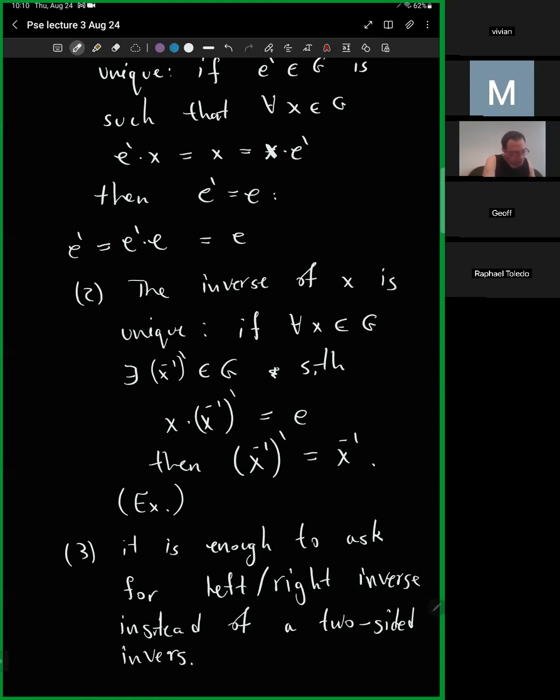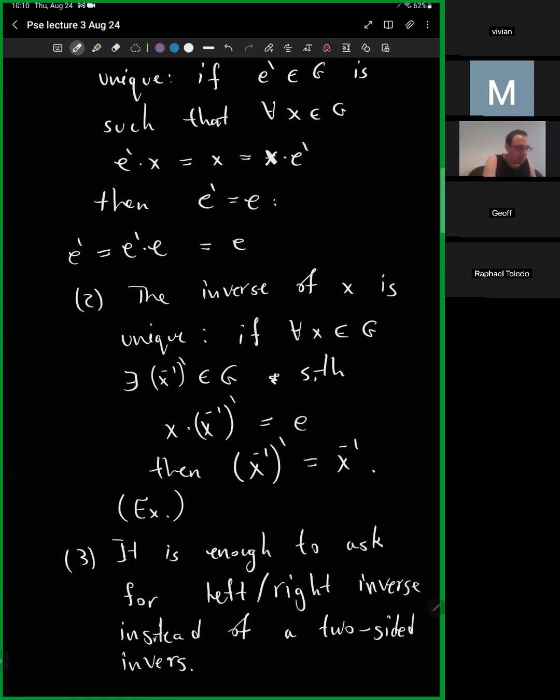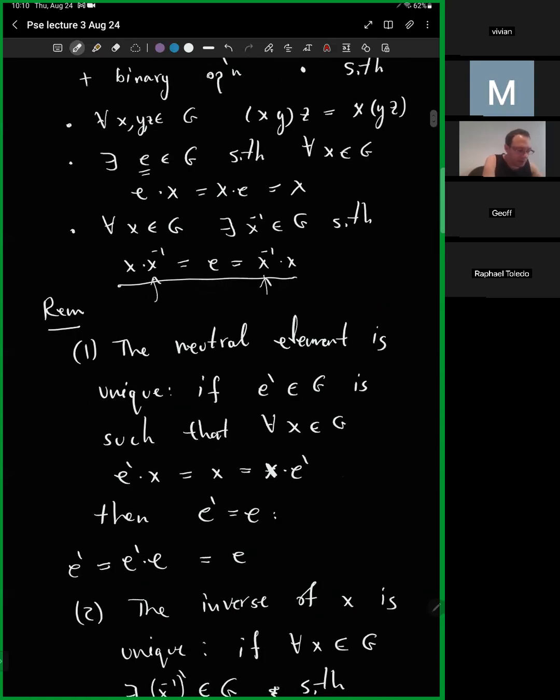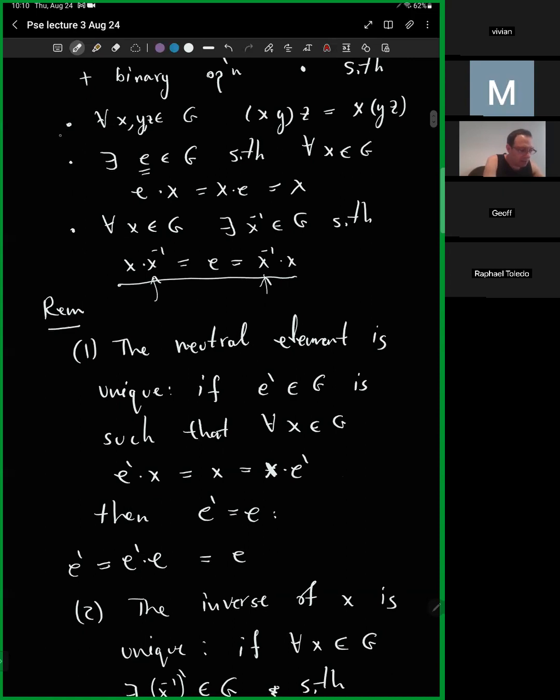You can try to do this as an exercise. It is important to do these small exercises because you get comfortable with the axioms.